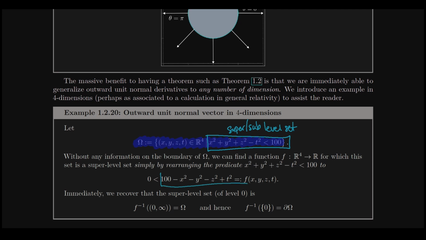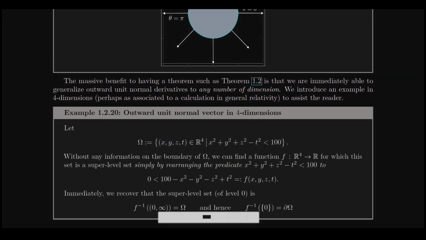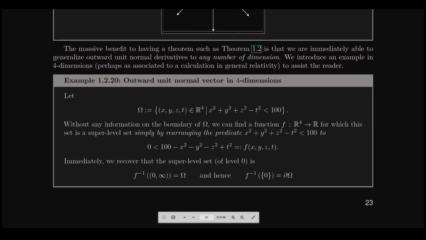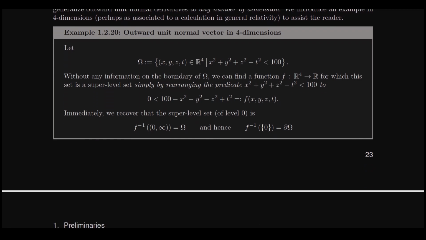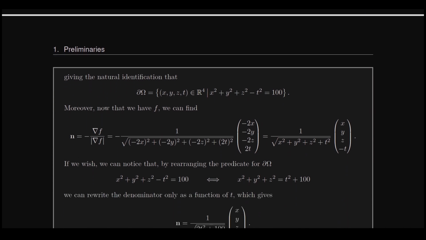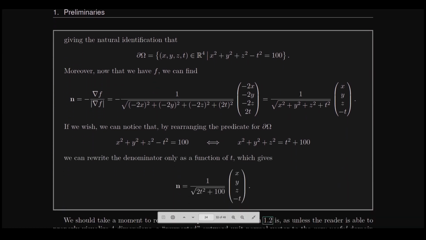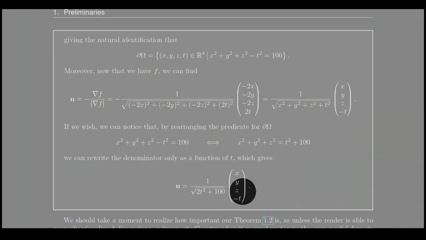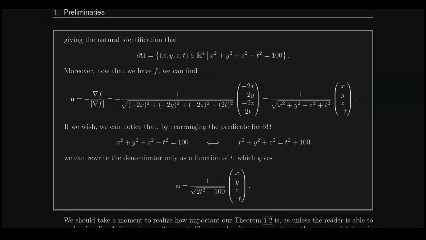Then we can almost immediately construct this function that we're going to take the gradient of to compute outward unit normals. So this is a 4-dimensional function. It's not too easy to try to purport outward unit normals, but all we have to do is compute a gradient. We go through the process of computing a gradient and look at what we get. I've simplified it a little bit because of some properties that we know it must satisfy, but you immediately recover that outward unit normal as this 4-dimensional vector, which depends on x, y, z, and time.